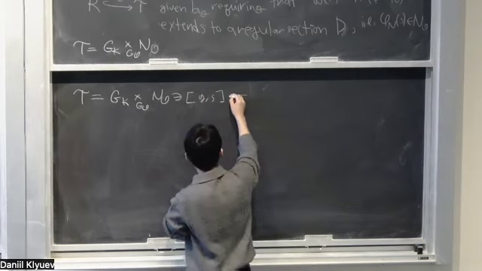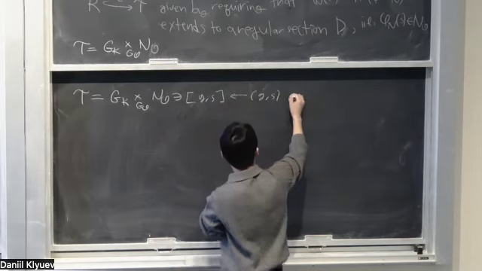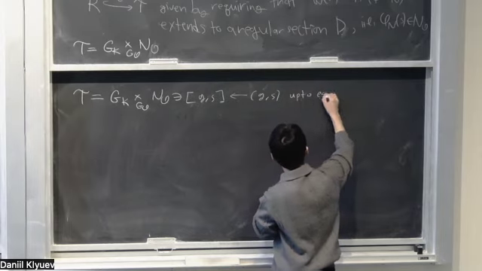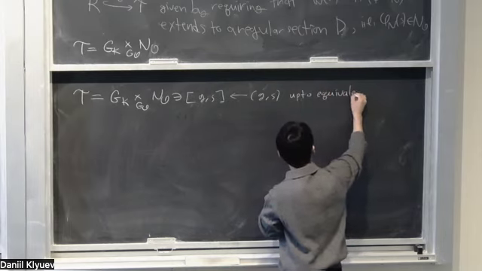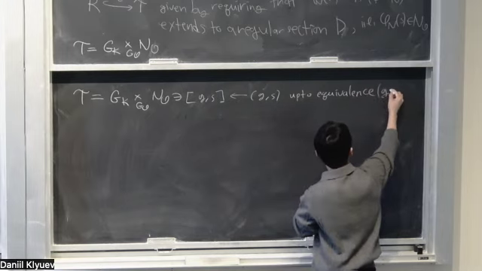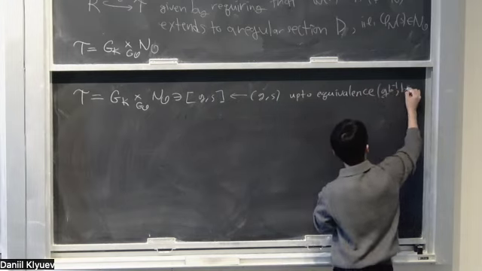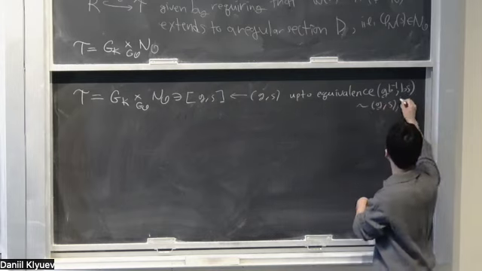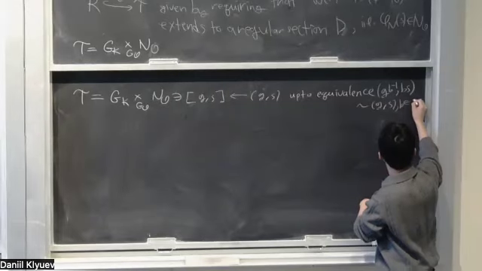This is G as pairs up to equivalence relation: (g b inverse, b s) is equivalent to (g, s) where b is in GO.